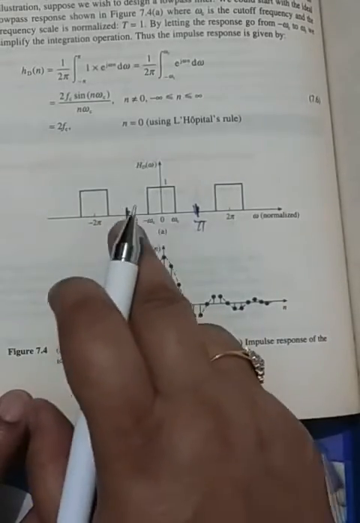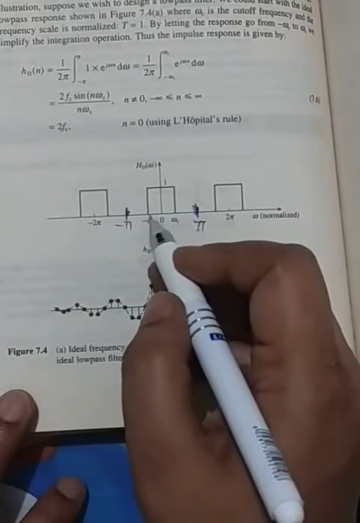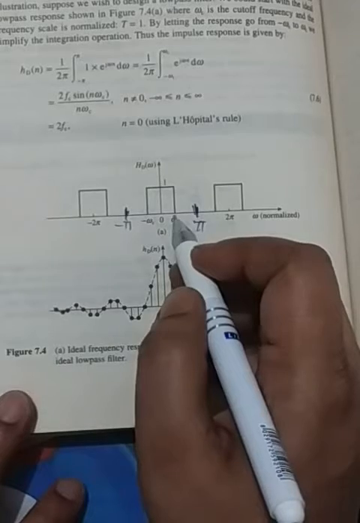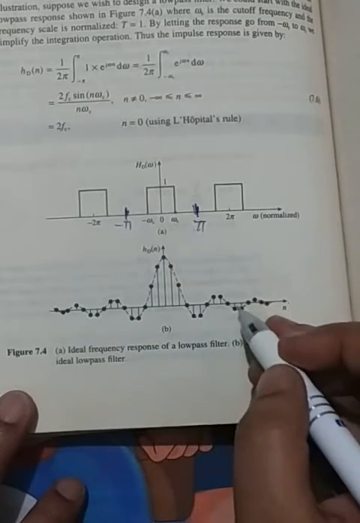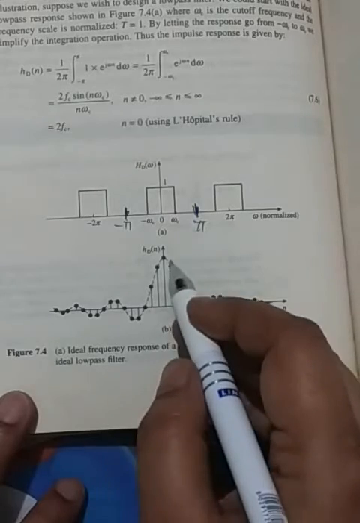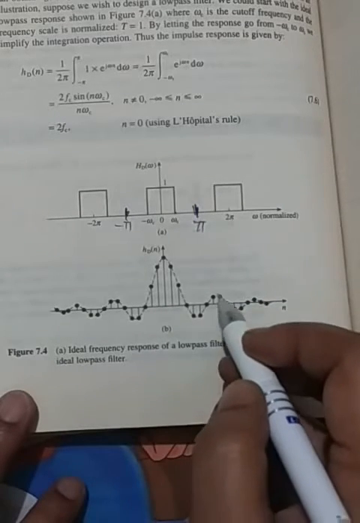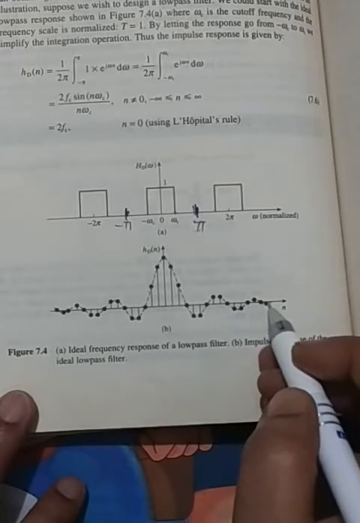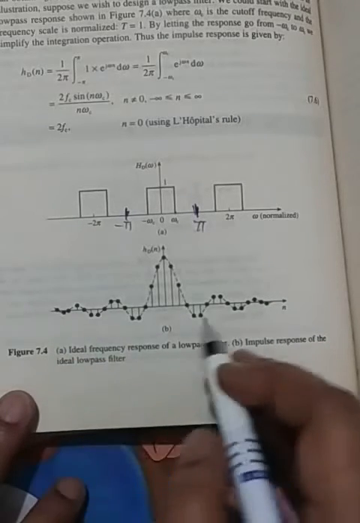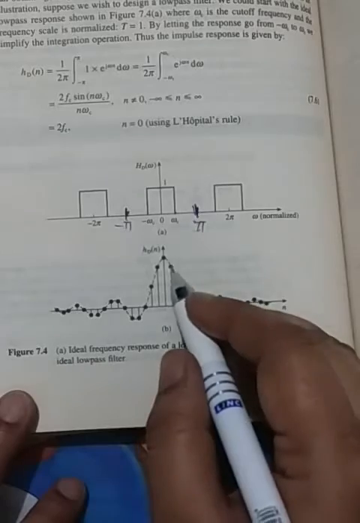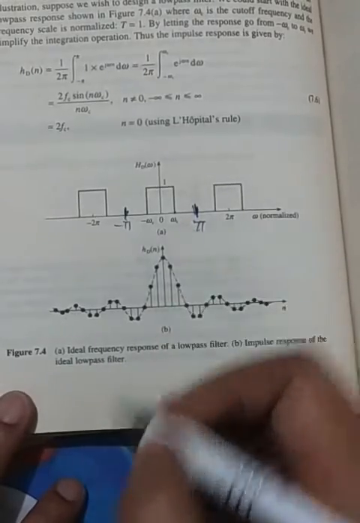So when you see the inverse Fourier transform of this rectangular function, it will look like this. It is a sinc function. Sinc function means the amplitude will decay sinusoidally and gradually on both sides. Now what you are seeing here is an infinite number of coefficients.